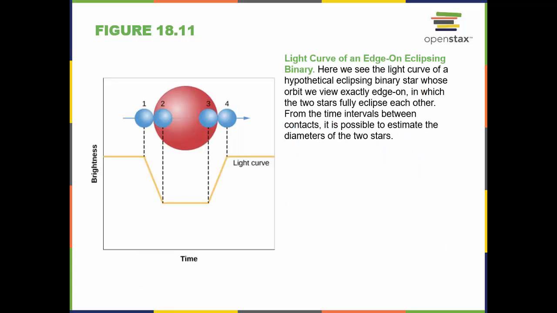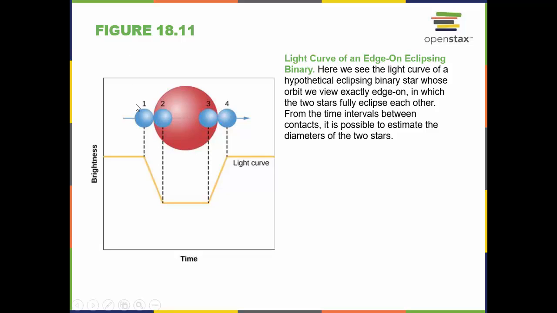So what we're seeing here is that as the low mass star travels in front of the high mass star, we can get an idea of what the diameter of that star is.